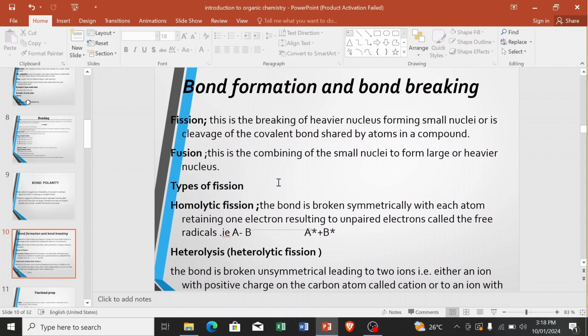The bond is broken symmetrically with each atom retaining one electron, resulting in unpaired electrons called free radicals. So here we see that for the chemical compound formed as a result of a covalent bond, when they are splitting, everyone is able to take their things.